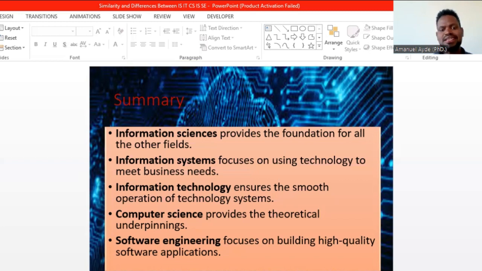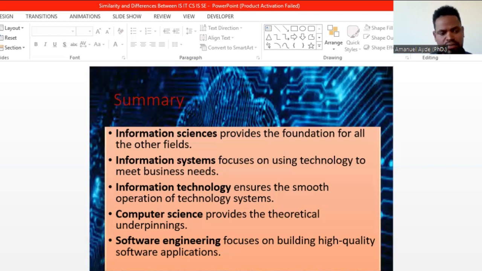So these areas, information science, information systems, information technology, computer science, software engineering, sometimes with electrical engineering, have some overlaps because there are common courses. But when we come to the master's level, there is some difference, and when we move to the PhD level, there are big differences. But at the undergraduate level, there is some overlap.